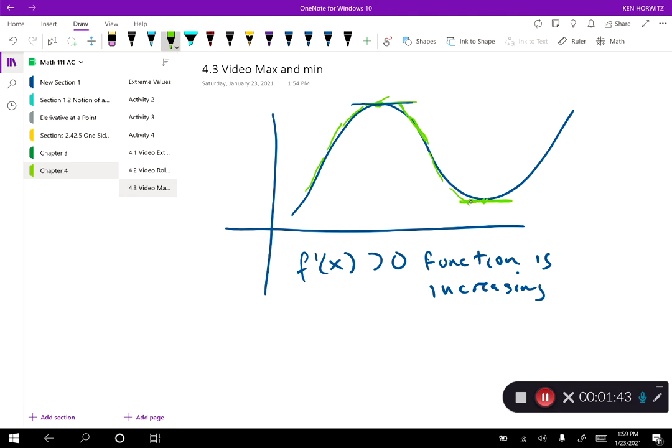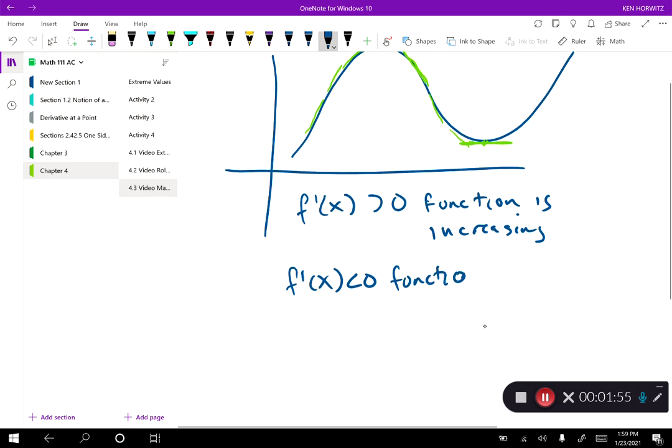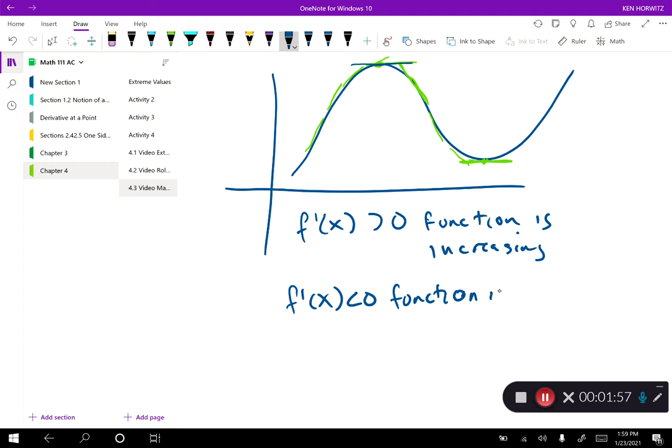As long as then, the function is decreasing. So if f prime of x is less than 0, the function is decreasing. And again, over here, the slope is positive, positive, positive. So the function is increasing once again.